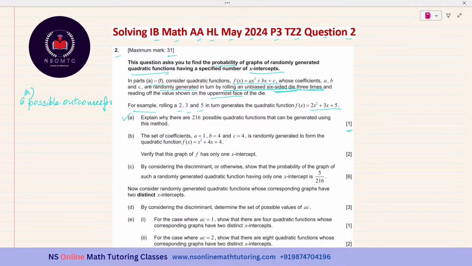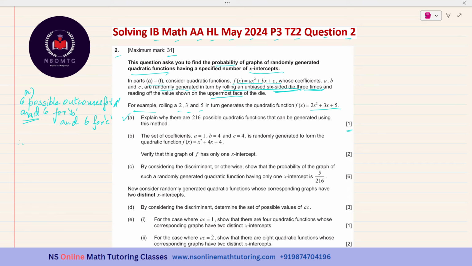For a, and I'm writing 'and' just to show that they will get multiplied, 6 for b and 6 for c.